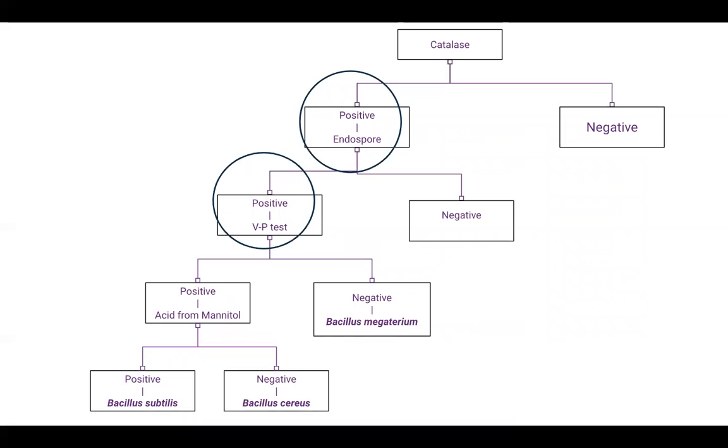Next up was the VP test, because that was just the next one in line. The VP test came back positive, and that resulted in more tests having to be done, like the acid mannitol test. That right off the bat ruled out the Bacillus megaterium. I'm not sure if I pronounced that right, but that canceled that out.